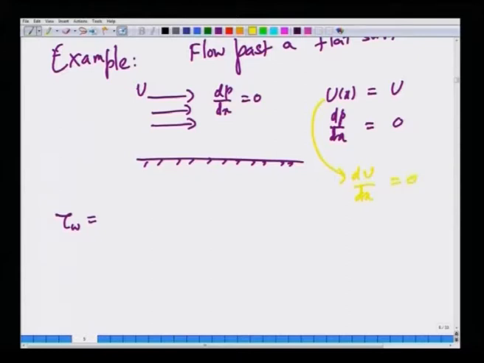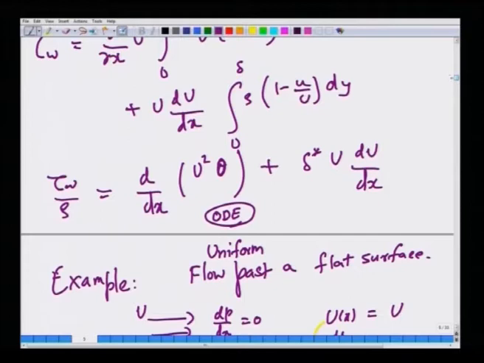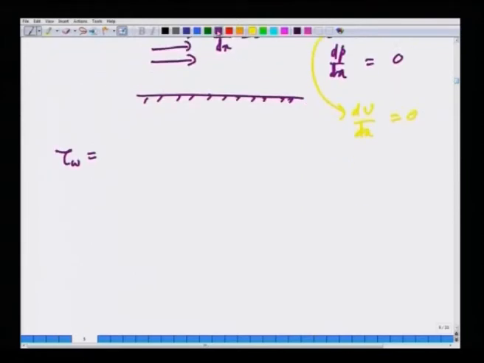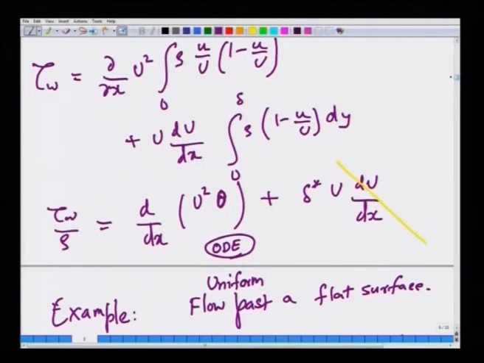The wall shear stress expression just written here, this term will go away because dU dx is 0. So, essentially what you will have is tau w by rho is d dx, sorry, we will just have this expression. Since U is constant, you can pull it out also.